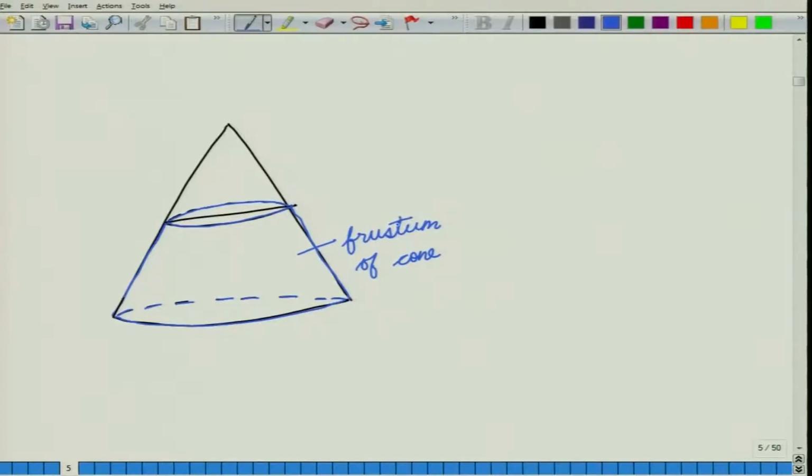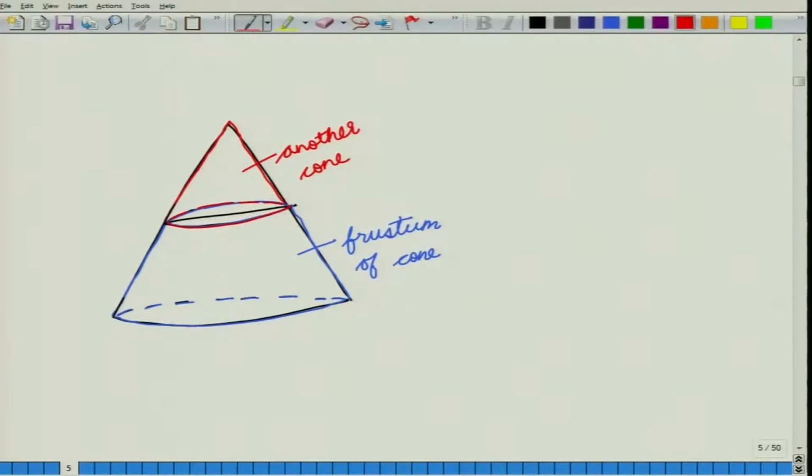So, in this case we are removing the top portion. The top portion incidentally is another cone. So, the frustum of a cone is a portion of a cone in which its top has been cut to give it two ends.